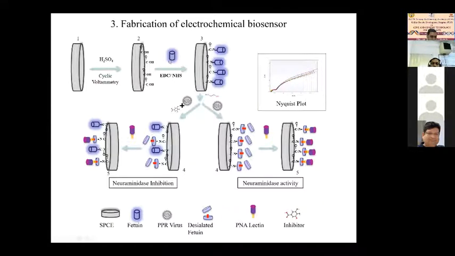Then we did EDC-NHS cross-linking of our fetuin molecule, which is a model molecule for making this neuraminidase activity measurement. So the fetuin was immobilized, and then there are 2 routes where you add PPR, which has a neuraminidase, and there is an inhibitor molecule here.